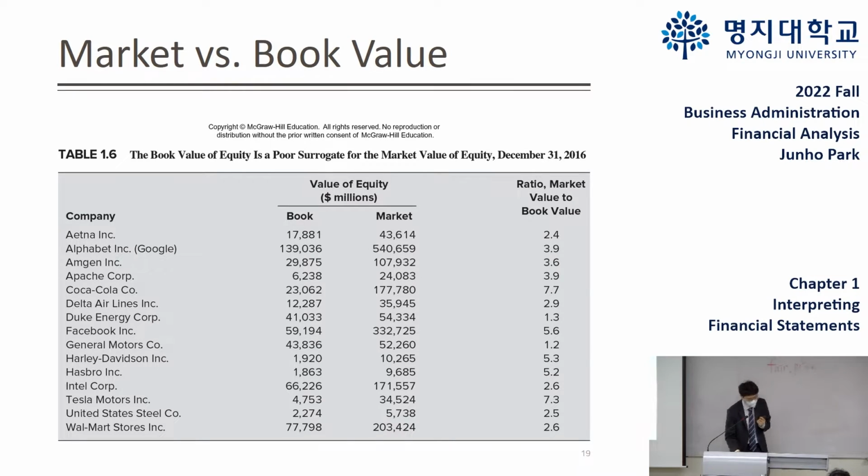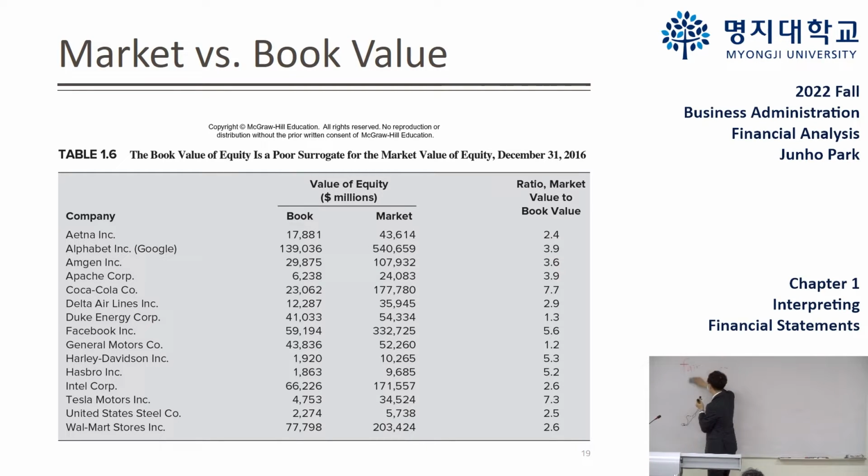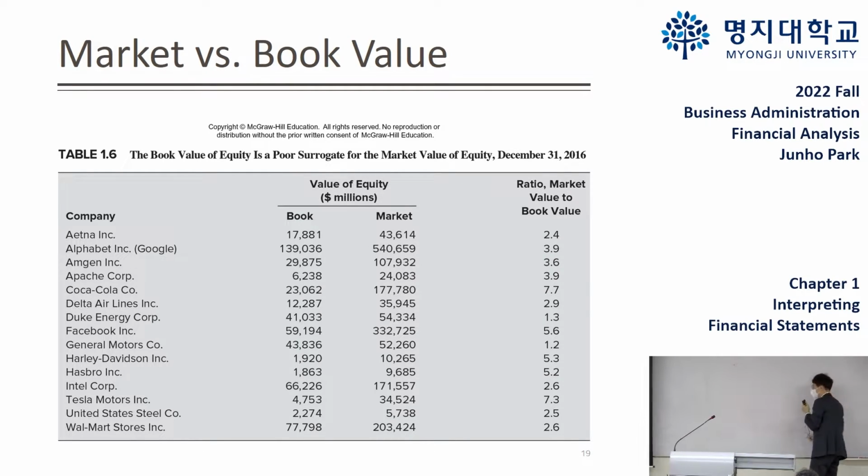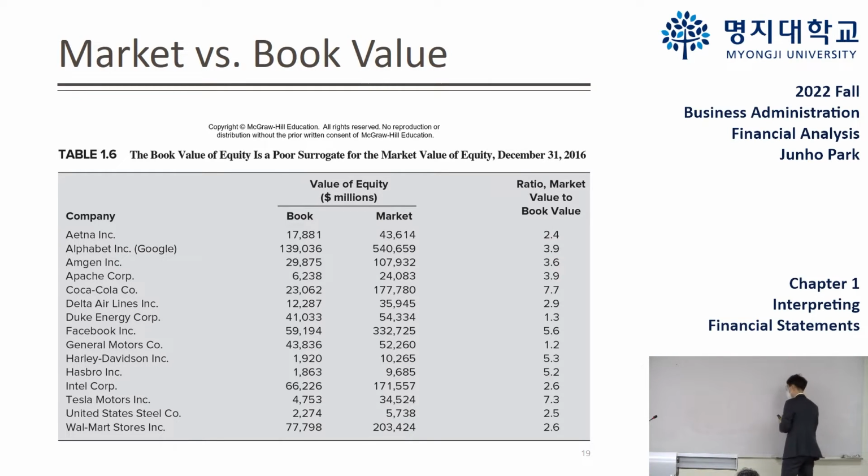So let me give you an example here. So the book value of equity will be given like this. Let's say you have your own company and there are 1,000 shareholders, each holding a share, and the initial price of the stock was $10, and then you can multiply it.